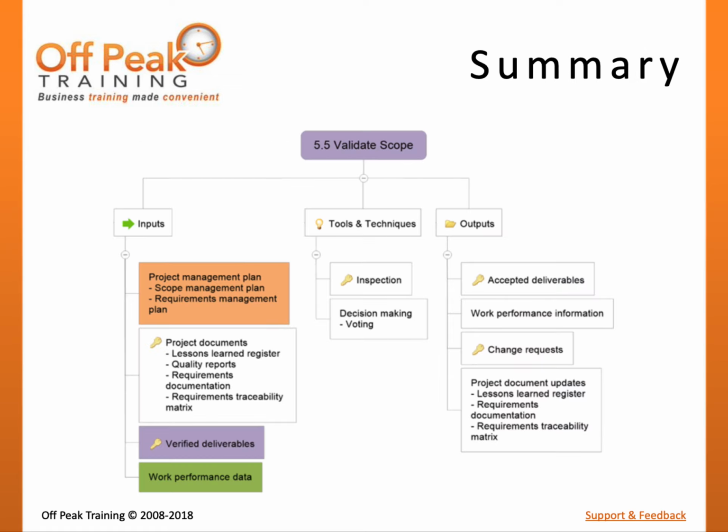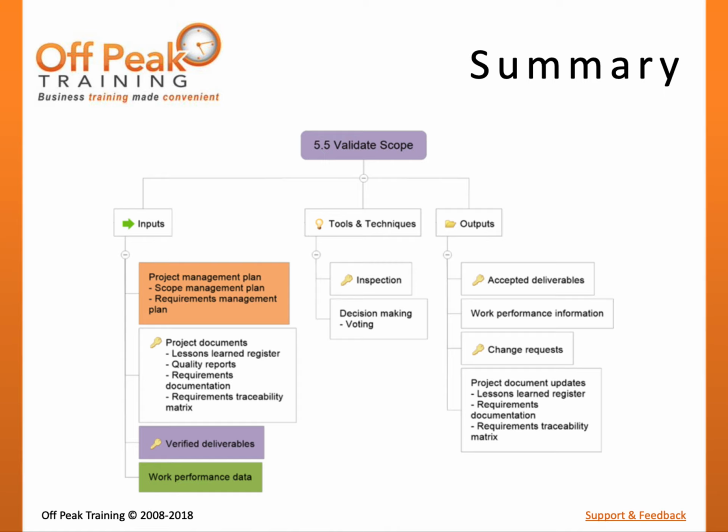Since verified deliverables are an input to this process, it can be implied that this process will generally happen after deliverables have been verified by the project team in the control quality process. Validate scope is the process of stakeholder inspection to determine if deliverables meet requirements and acceptance criteria.